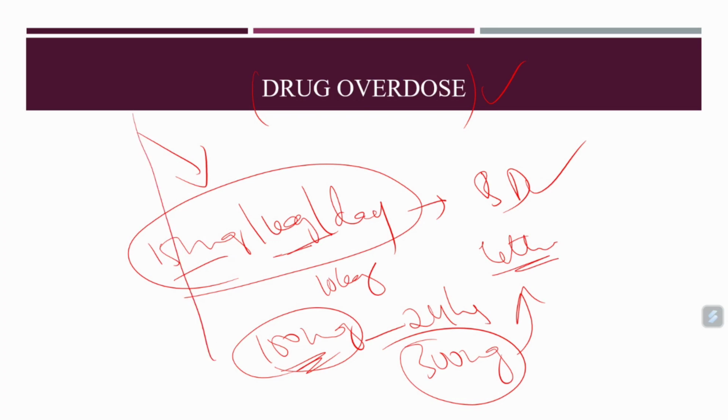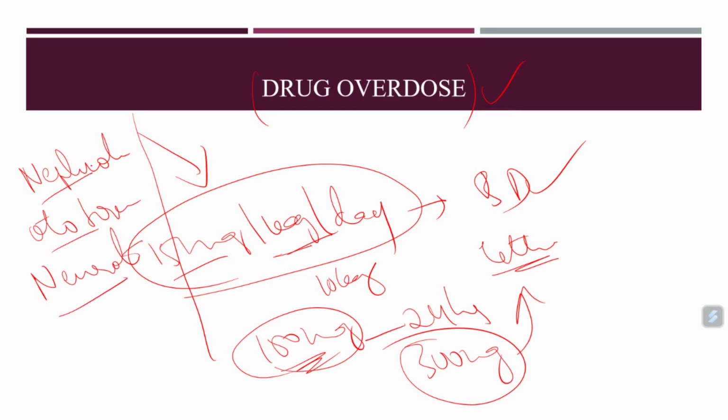Amikacin is a very, very powerful agent. It causes nephrotoxicity, ototoxicity, and also neurotoxicity. If anybody is already having acute kidney injury related symptoms, or polycystic kidney disease or diabetic kidney disease or anything, if an overdose of aminoglycoside is given, definitely the patient will develop nephrotoxicity, and the kidney will fail.